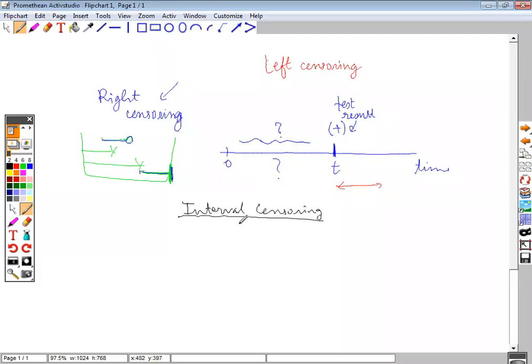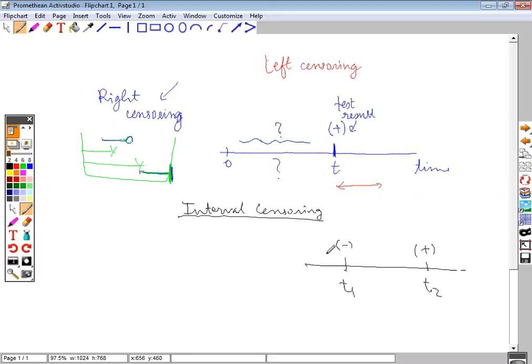When I'm talking about interval censoring, let us just take the example of the virus again. Let us say a person thinks that they might have got the virus. So at time t1, they go and take a test, and the test comes out to be negative. And then again, this person goes and the test comes out to be positive. So now this scenario is a situation where we'll have to take into consideration interval censoring.